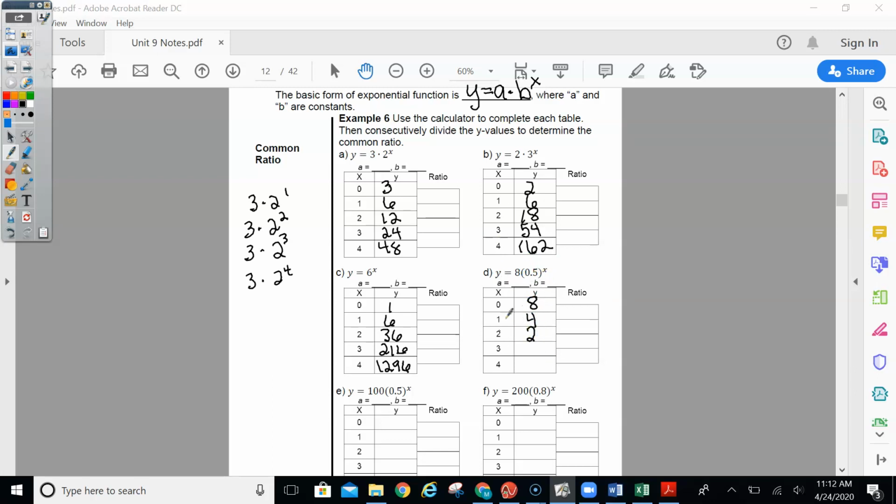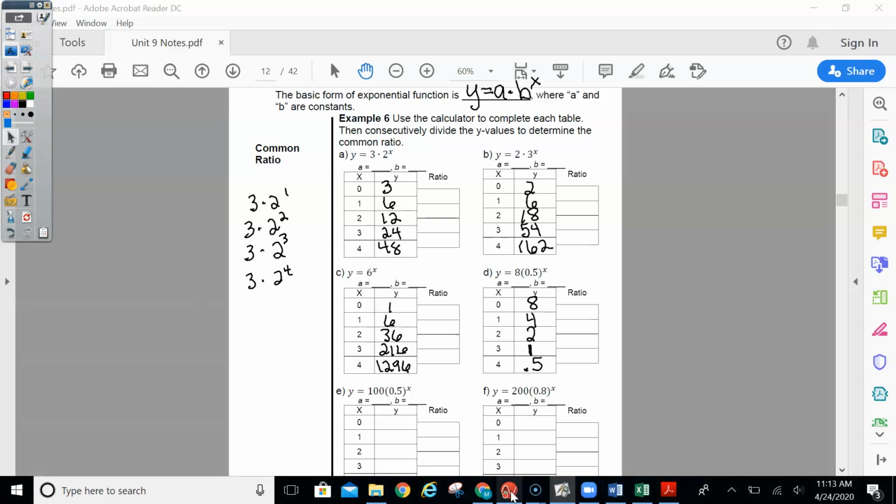If I cube it, I'm going to get 1/8 here, times 8 is 1. And then if I raise it to the 4th power and then multiply by 8, I get 0.5. So hopefully by now you're seeing the pattern of what's happening.